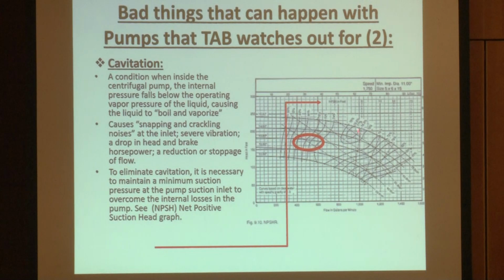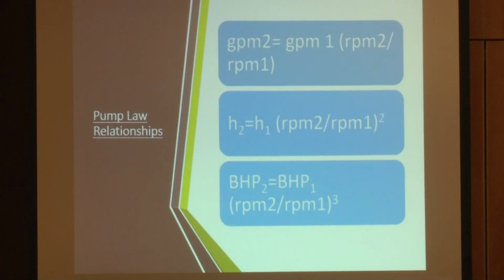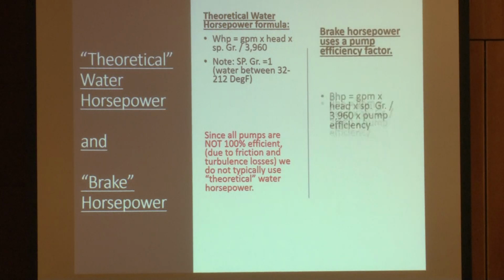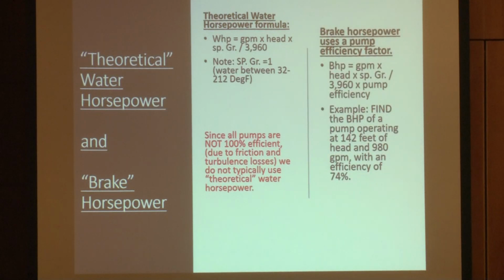So we watch out for that a lot, and we make sure that we document that the pump is installed correctly at the right heights and everything like that, so that we don't have the issue of cavitation. Again, we use the same pump laws that we have in the past, same as the fan laws, just a little bit different, right? So when we're trying to calculate the horsepower of the water going in the system, there is a general theoretical water horsepower, but we can't use that because pumps are not 100% efficient.